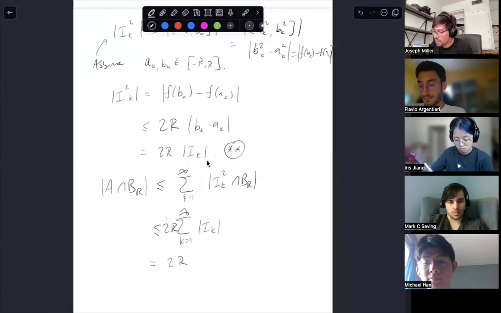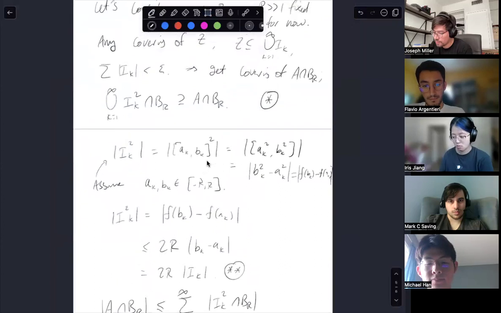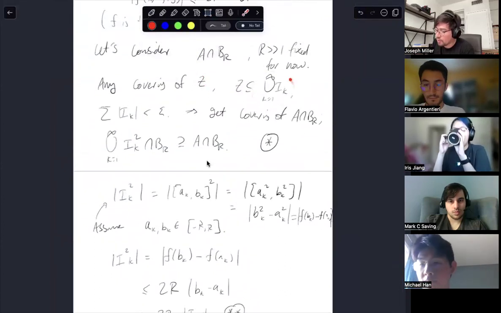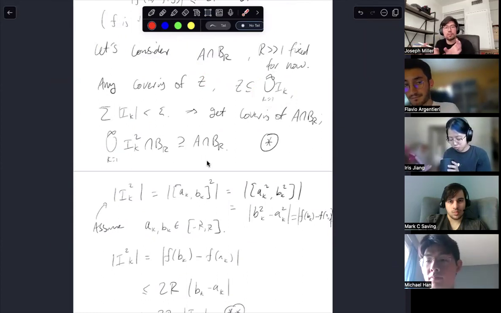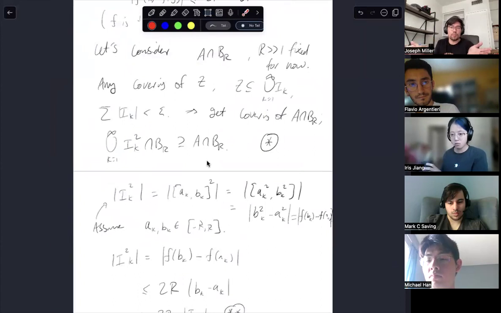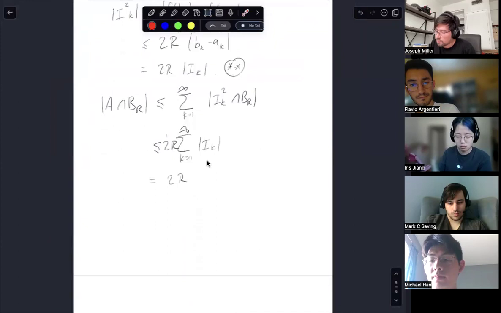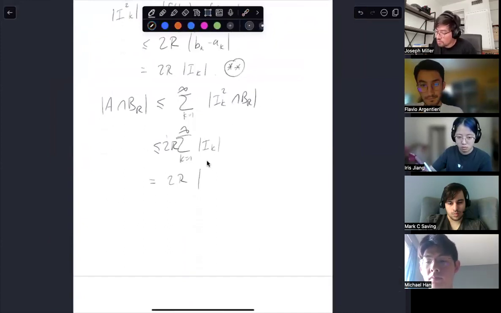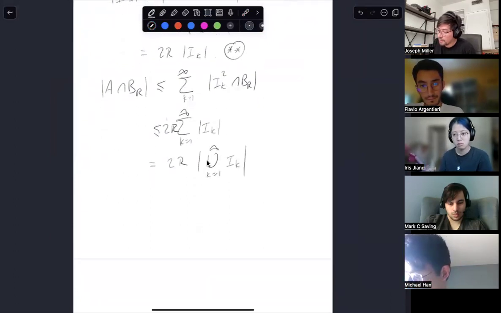And in my covering, when I had an original covering, I just took any covering of Z. Without loss of generality, I can assume that it's disjoint, right? Because if I have 2 overlapping intervals, I just make it 1 interval. So I can assume without loss of generality this thing is all disjoint. So I get this. And this guy I know is less than 2r times epsilon.